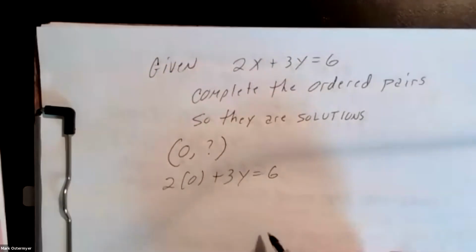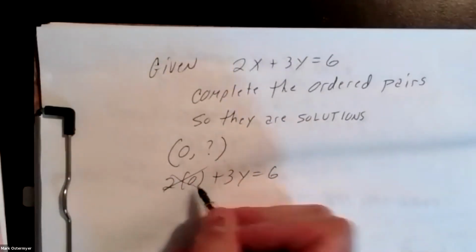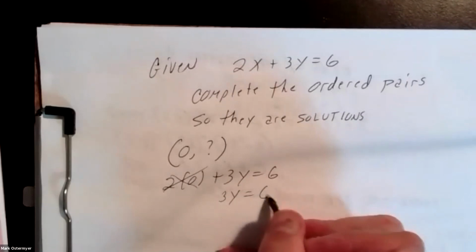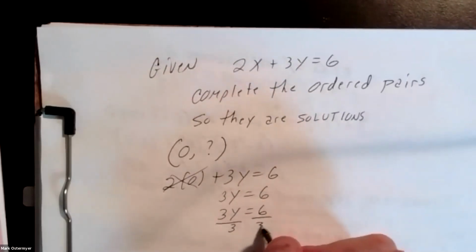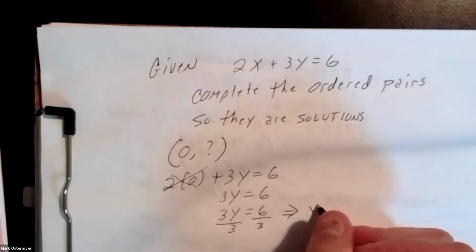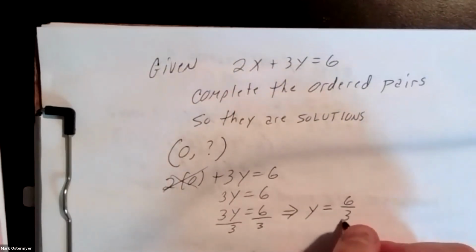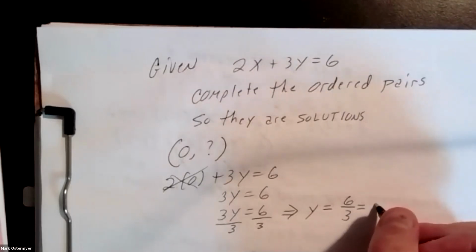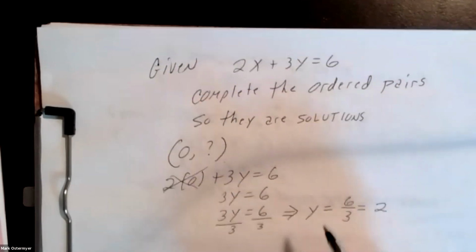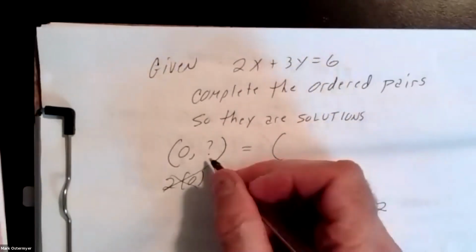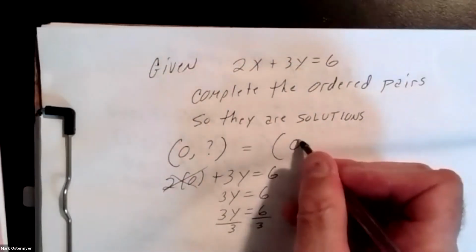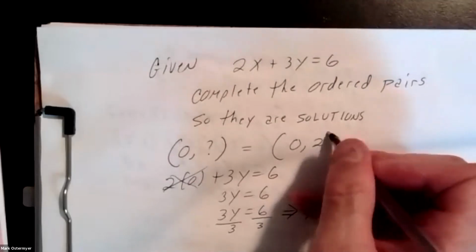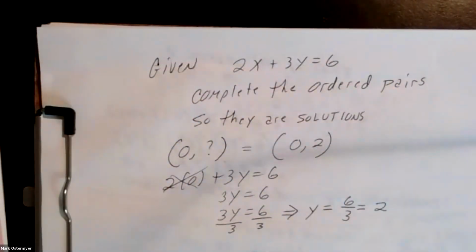Now we have to solve this equation for y. 2 times 0 is 0, so we get 3y equals 6. Divide both sides by 3, and that implies y must be equal to what? What's 6 divided by 3? 2. So this point, if it's to be a solution to our linear equation, has to have the x coordinate 0 and the y coordinate 2. We understand how we completed that ordered pair.